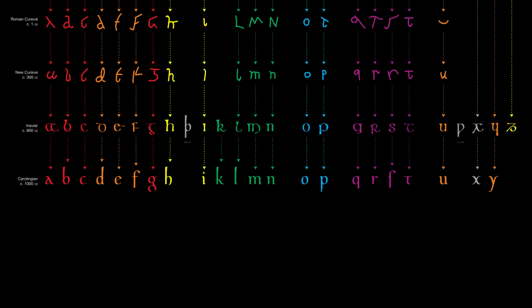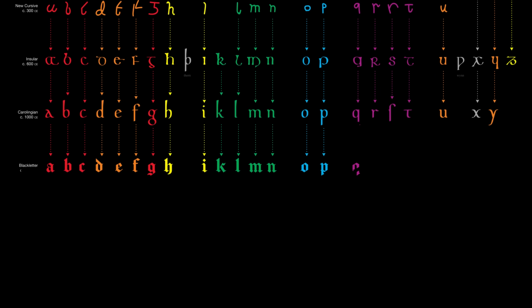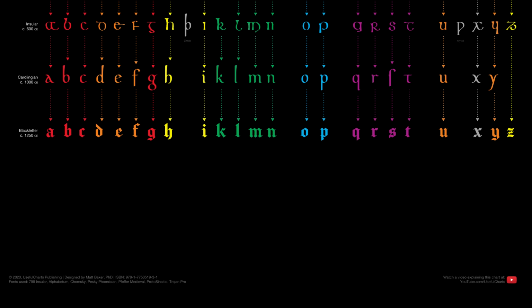But remember, the printing press hadn't yet been invented, so all books were written by hand, which obviously took a long time. So as literacy grew and the demand for books increased, scribes eventually developed a script which they could write more quickly. This style was known as Blackletter or Gothic, and it was the dominant style up until the time that Gutenberg developed his famous printing press in the 1400s.